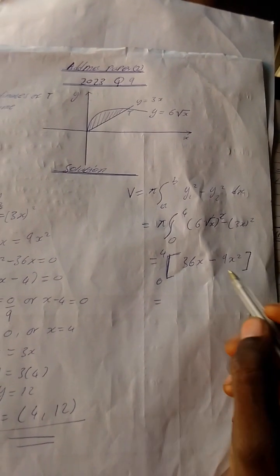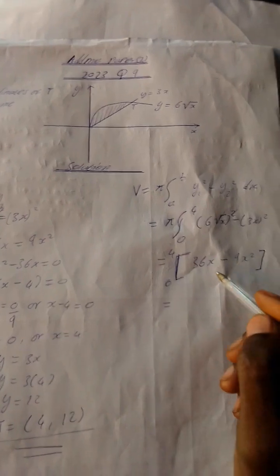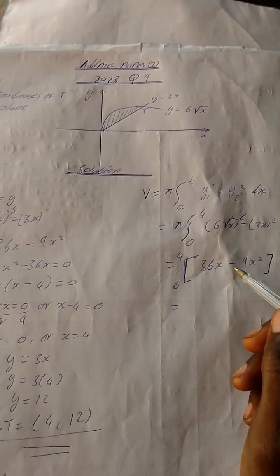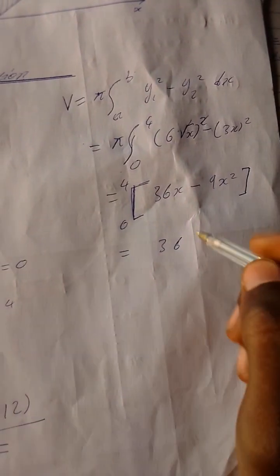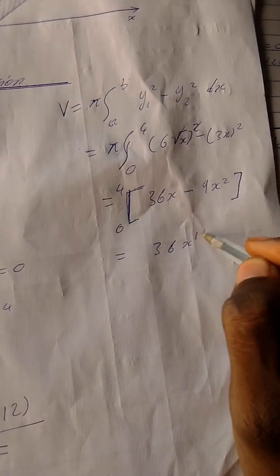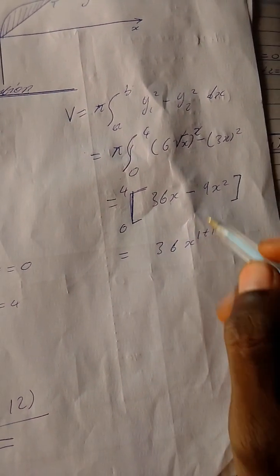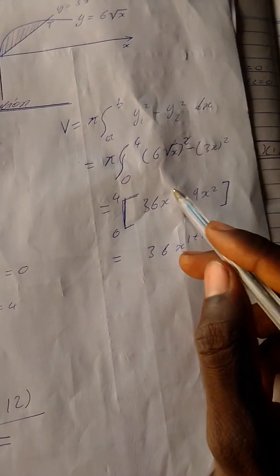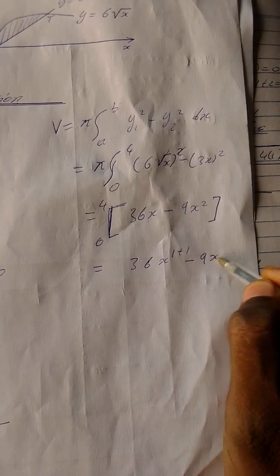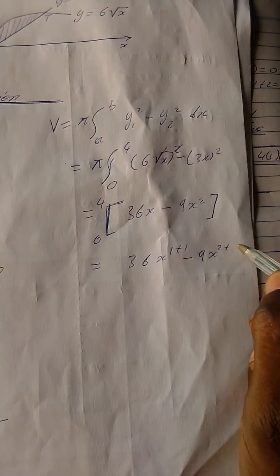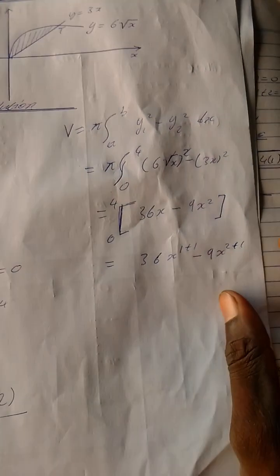So when you want to integrate this function, or what is inside here, 36x plus 1, since there's a power here, we add 1 to the power, and minus 9x to the power 2 plus 1, just like that.